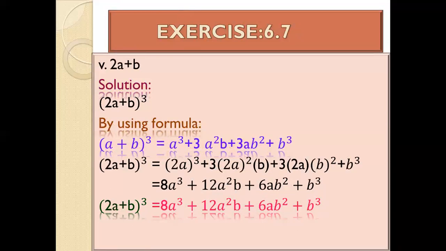2a plus b, the same as we have done in the previous one. In that one, a was a and b was 2b. Now interchange the terms. a is 2a and b is b.